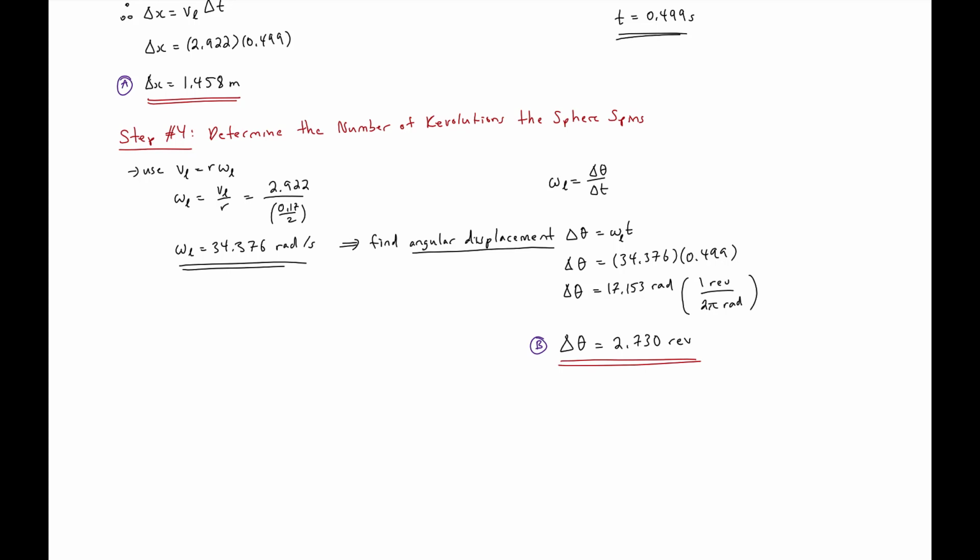Now step number 5, we do have a last step because there's part C. It's asking us if the ramp were to be made frictionless, whether the horizontal distance traveled would increase, decrease, or stay the same. So step number 5. We want to think about a frictionless surface.